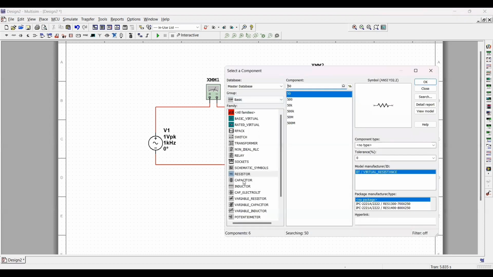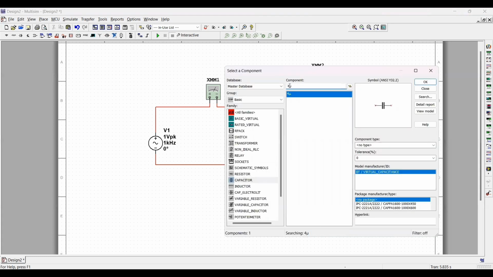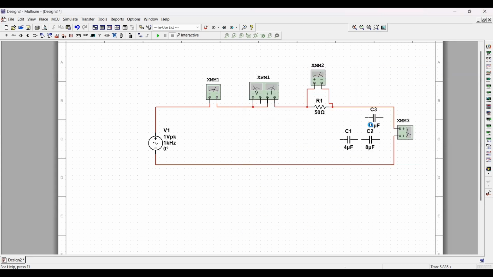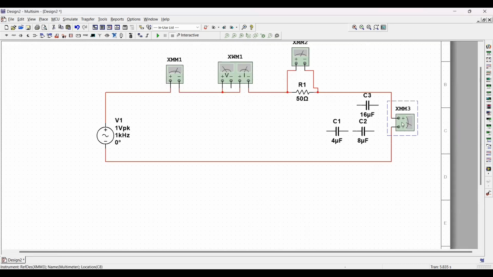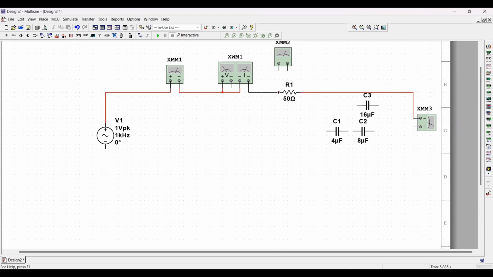After that, for this circuit we have to use 3 capacitors. First is 4 microfarad, the second is 8 microfarad, and the third is 16 microfarad. This is the circuit for parallel. Not enough space, so we have to adjust.